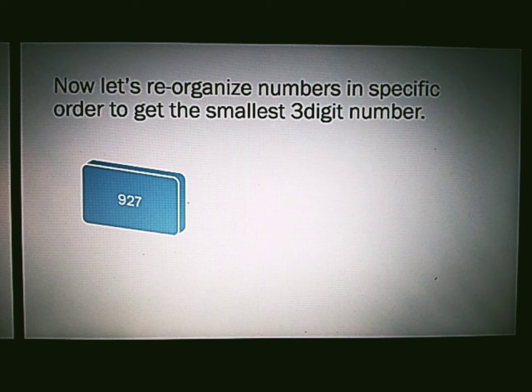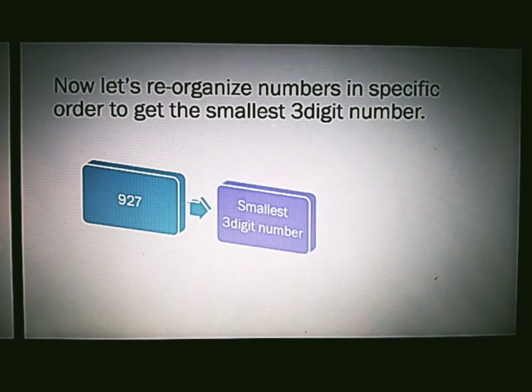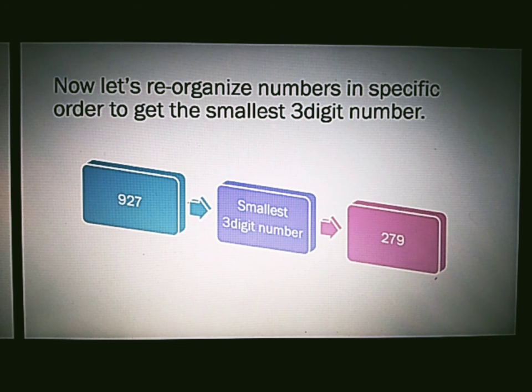Now we have remaining numbers 9 and 7. 7 is smaller than 9, so after 2 we will write 7. And 9 is the last number that we have, which is biggest, so that we will write at the end. So the smallest 3-digit number that we get here is 279.